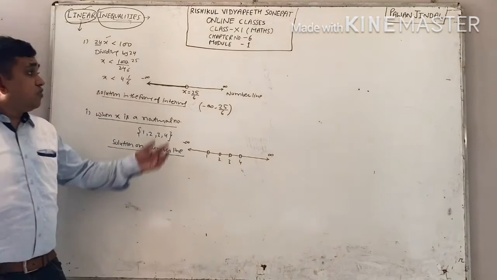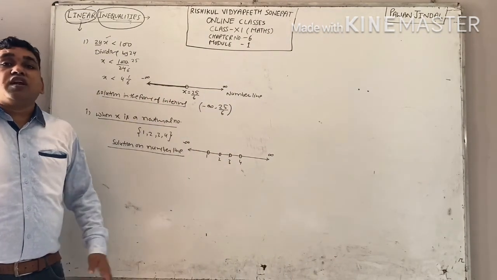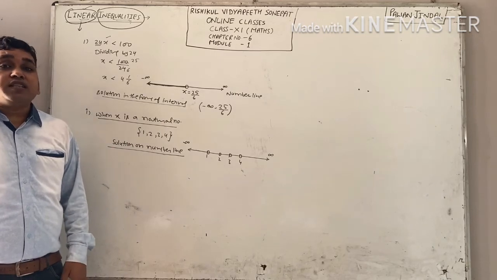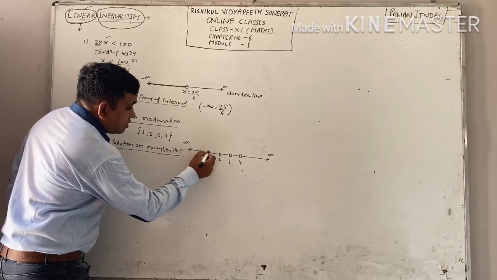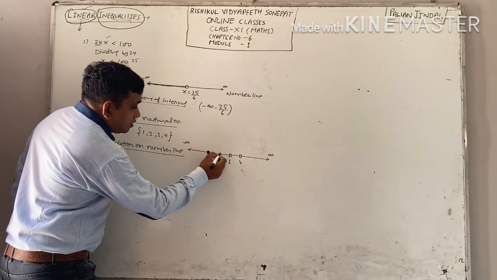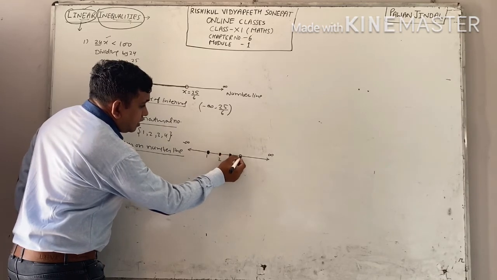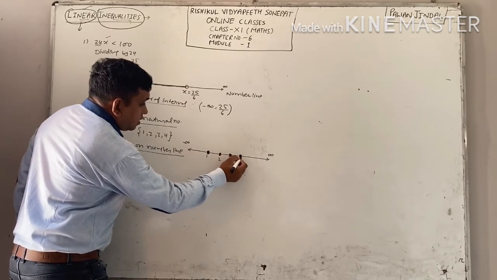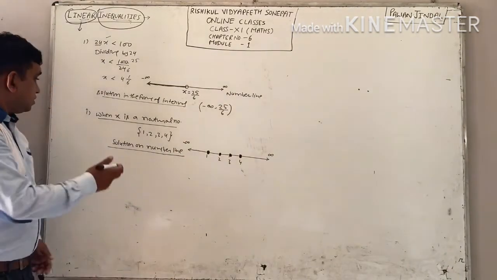And I told you before also, the point which you want to take in solution, darken that point. Now my solution is x equal to 1, therefore you will darken this one. This also darken, this will be darkened, and this will also be. This is the solution on number line. Now see, next part.